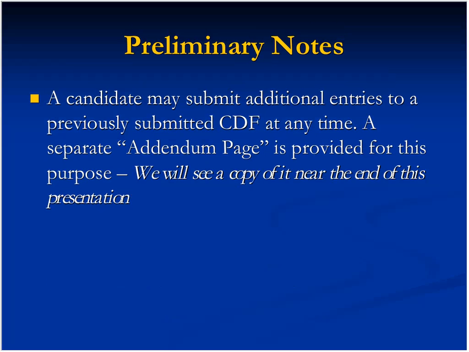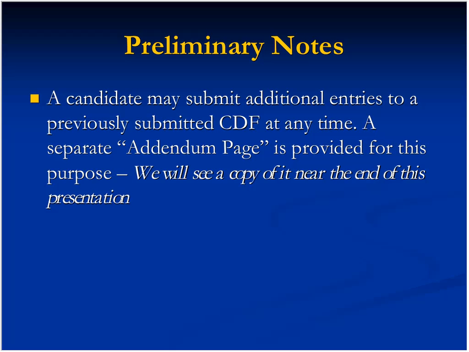A candidate is able to submit additional entries to a previously submitted candidate data form at any time. So let's say you submit your candidate data form by the third Wednesday of January in 2016, if that's your first year of candidacy, and you don't submit an executive skills portfolio, or you do and you realize that your score is incomplete, you can submit additions to your candidate data form by the next year's third Wednesday of January.